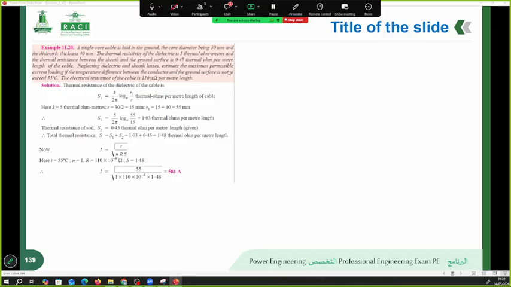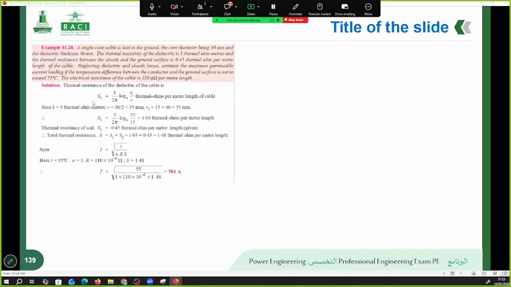Estimate the maximum permissible current loading if the temperature difference between the conductor and the ground surface is not to exceed 55 degrees centigrade. The electrical resistance of the cable is 110 micro ohm per meter length.